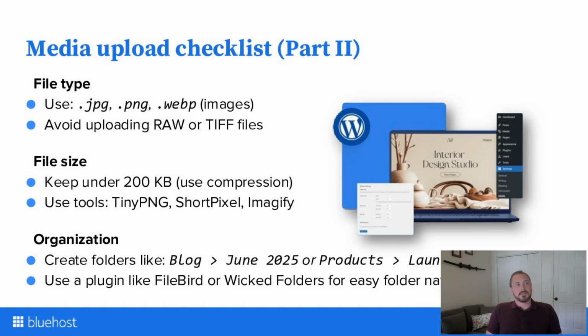TIFF files is just an image format. It's not really meant for the web. And so think through or even ask ChatGPT, what is a reasonable file format for what I'm trying to do? If you're not sure or don't remember. But usually JPEG, PNG, and WebP are kind of what we're shooting for.